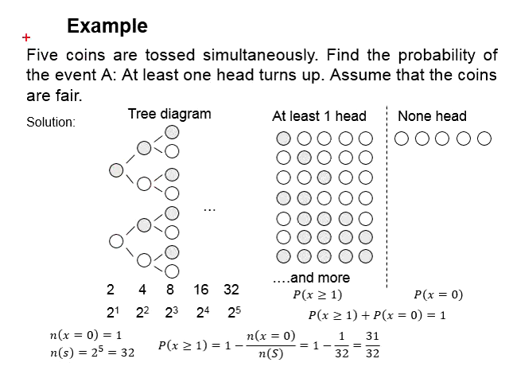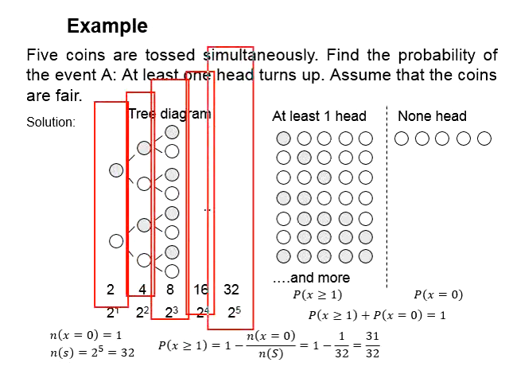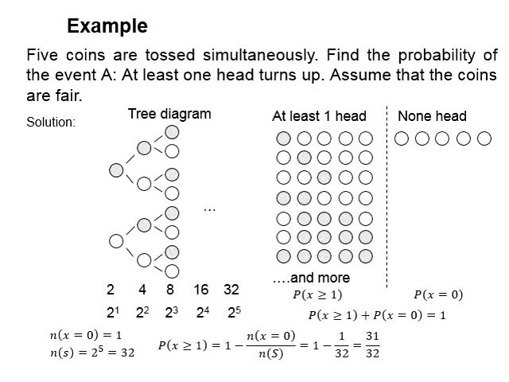So you are tossing 5 coins simultaneously. That means the tree will have 1, 2, 3, 4, and 5 levels. For the first coin, it will be either head or tail. The number of simple events will be 2.